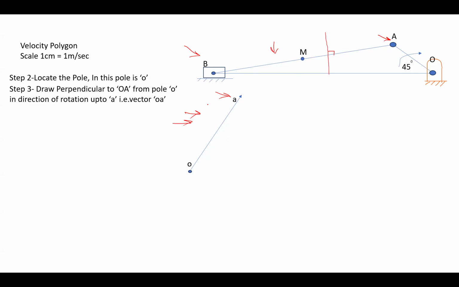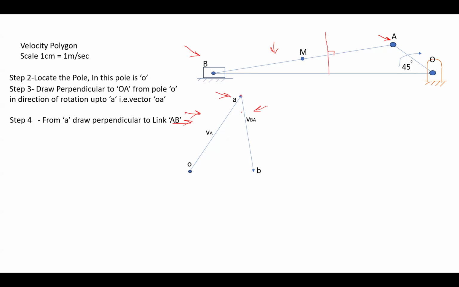A point is available. Means you have to draw a perpendicular to AB from the A point. So here it comes. This is the perpendicular to AB, which is drawn from the A point. And this is your velocity of B with respect to A.